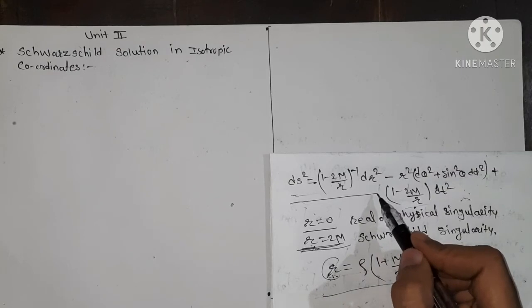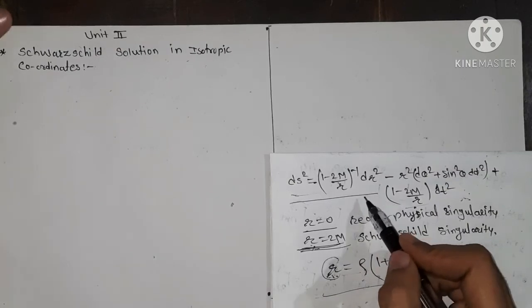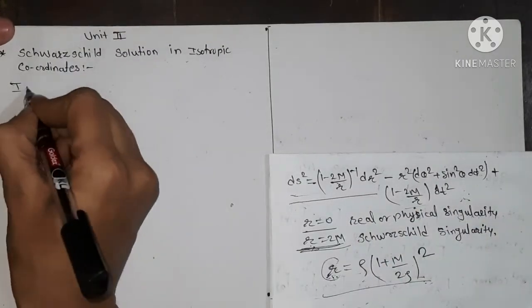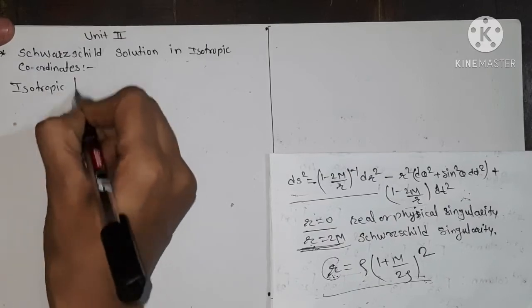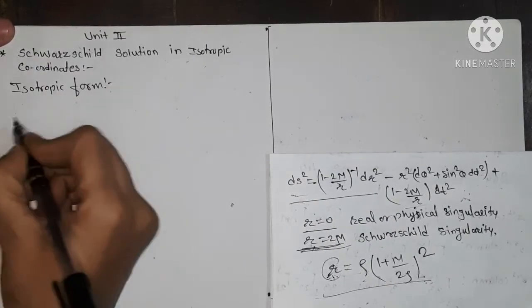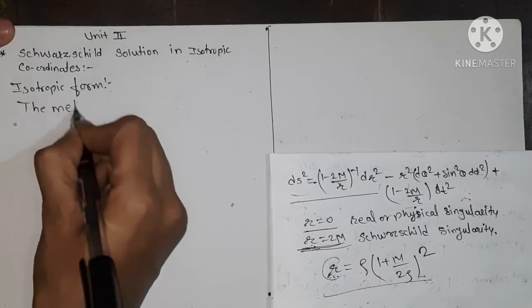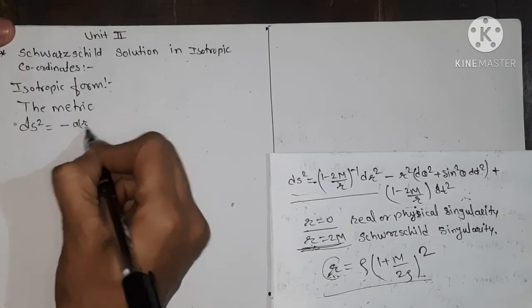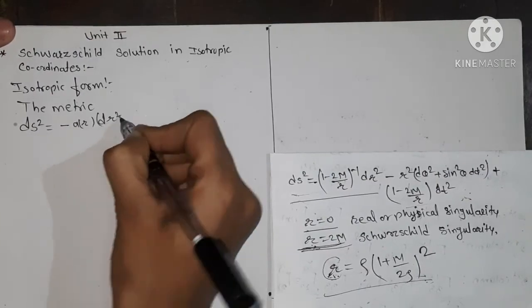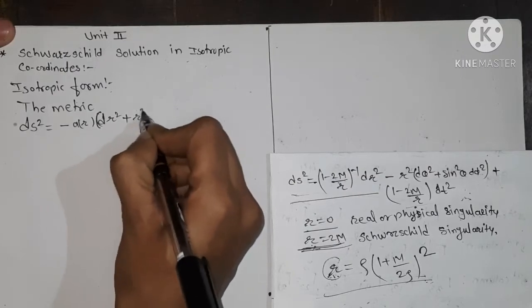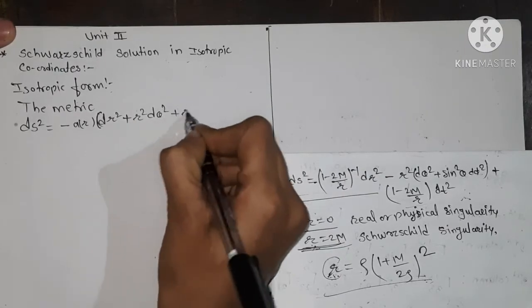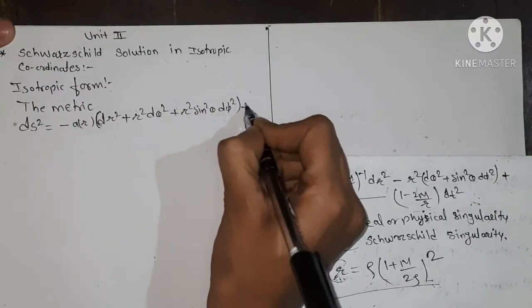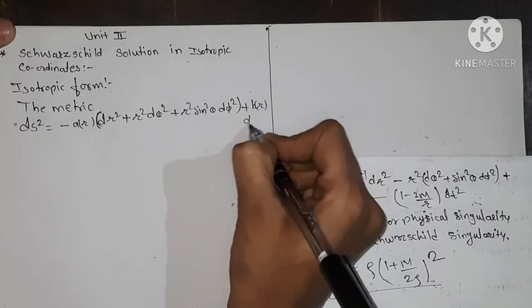First we see the definition of the isotropic form. The isotropic form is defined as the metric ds² = -a(r)[dr² + r² dθ² + r² sin²θ dφ²] + b(r) dt².